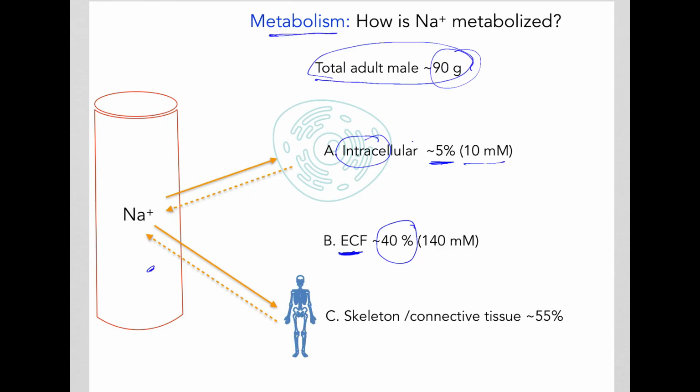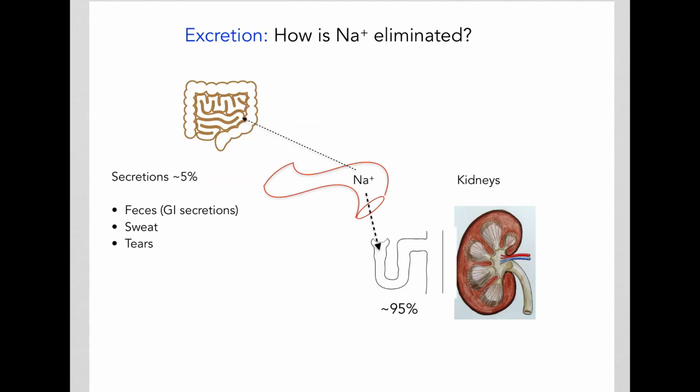That means the bloodstream as well as the fluid outside the cell. And the concentration in the ECF, including the blood, is about 140 millimolar. Most of the sodium, about 55%, is found in the skeleton as well as connective tissue. And finally, excretion. How is sodium eliminated?